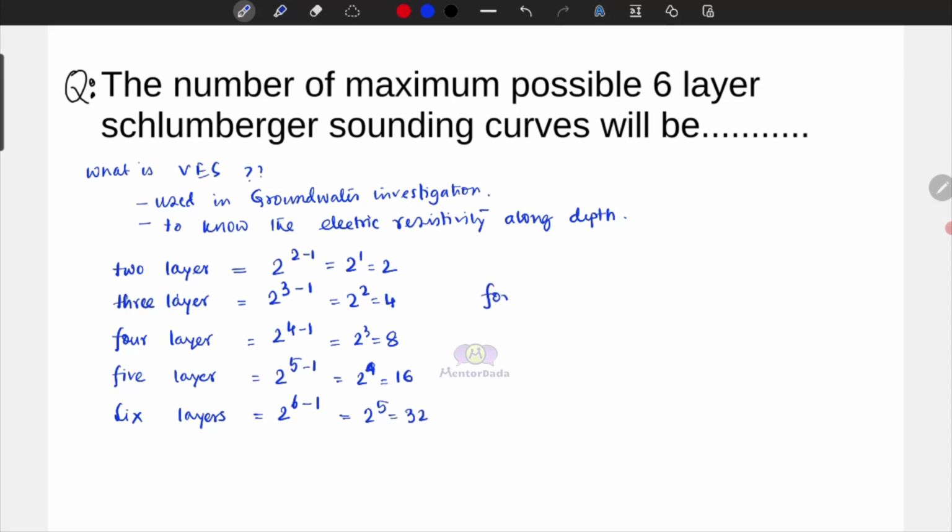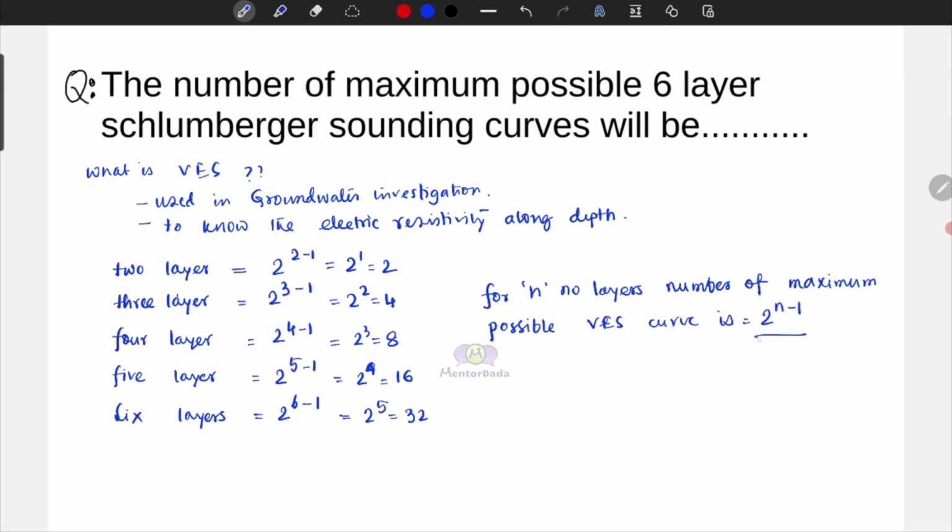So for n number of layers, the maximum possible number of VES curves is 2 to the power n minus 1.